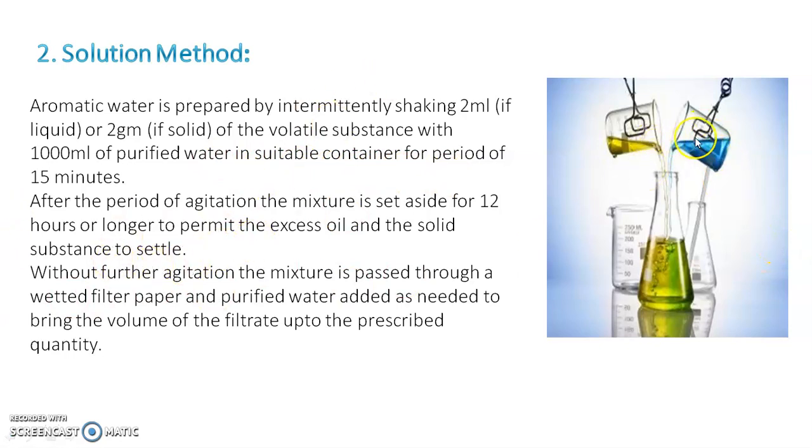In this simple method, two components are added and shaken. After the period of agitation, the mixture is set aside for 12 hours or longer to permit the excess oil or solid substance to settle. Without further agitation, the mixture is passed through a wetted filter paper, and purified water is added as needed to bring the filtrate to the prescribed volume.